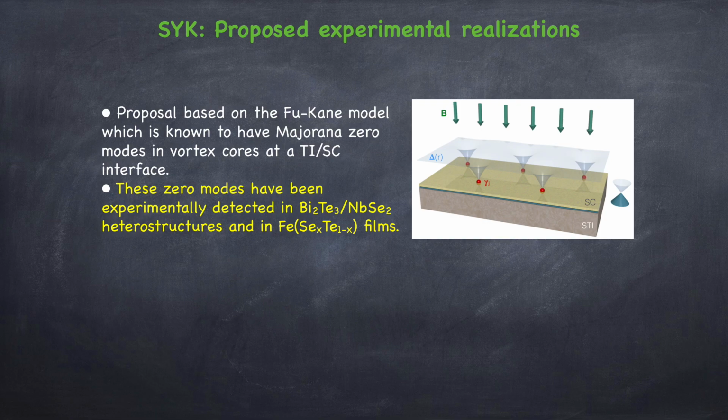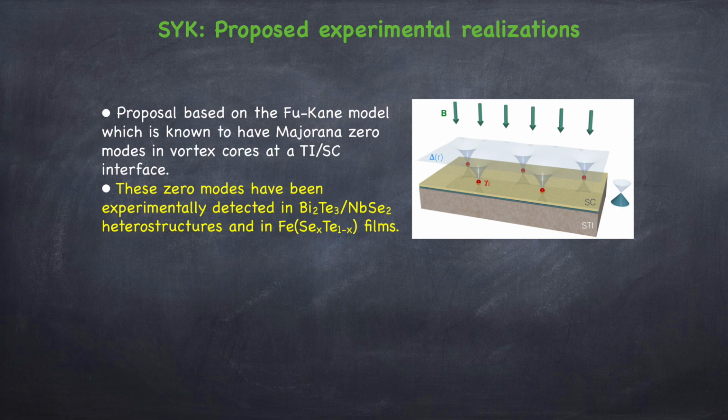This is another platform that hosts Majorana fermions in solid-state systems. This is the famous Fu-Kane superconductor, where what you have is an interface between a topological insulator, and we have lots of those, and an ordinary superconductor.